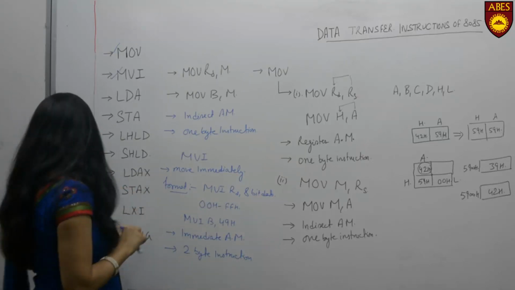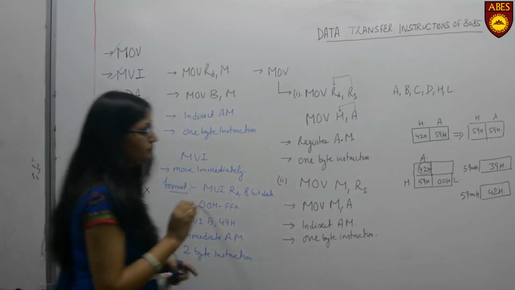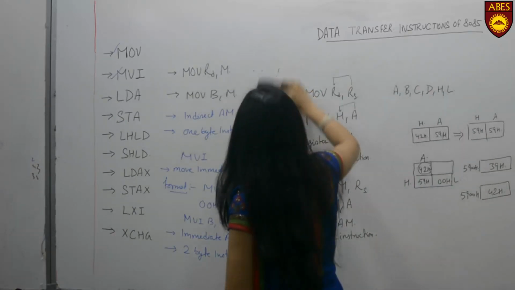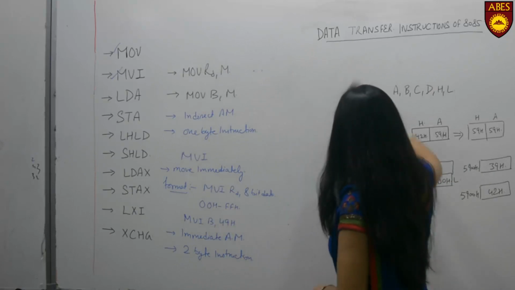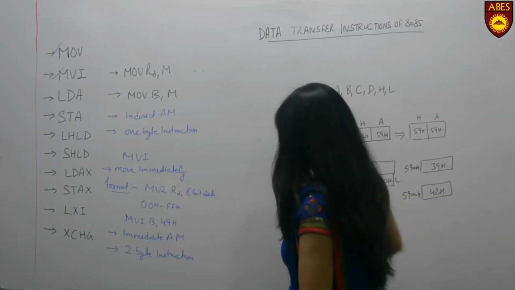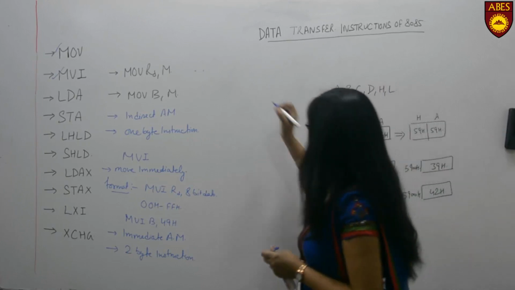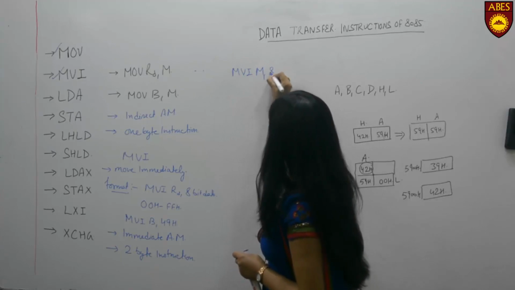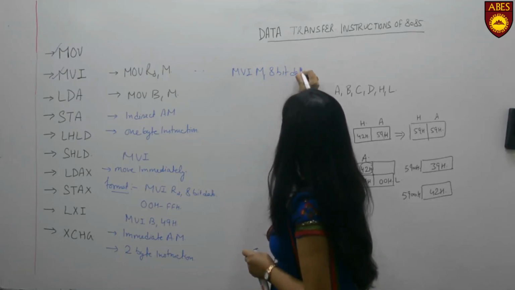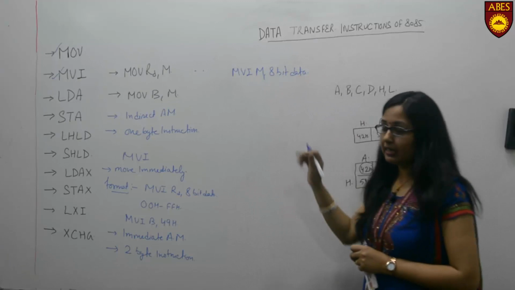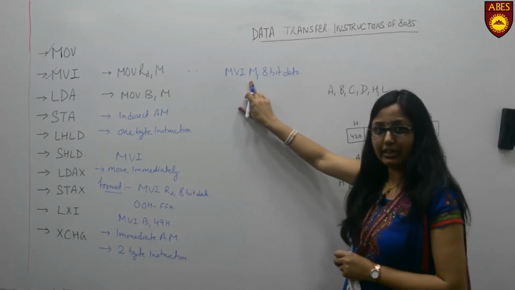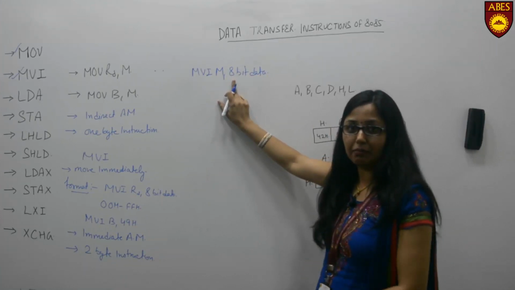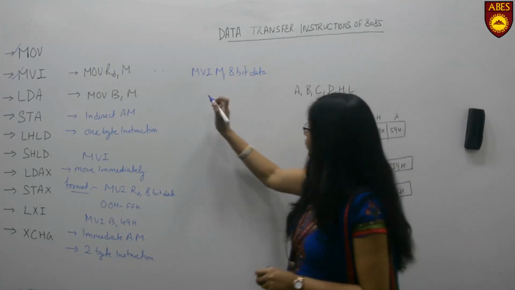Now the second type of this MVI instruction is MVI M, 8-bit data. Here the M is the memory location content which is pointed by the HL register pair, and this is the immediate 8-bit data which we have to move into the location.